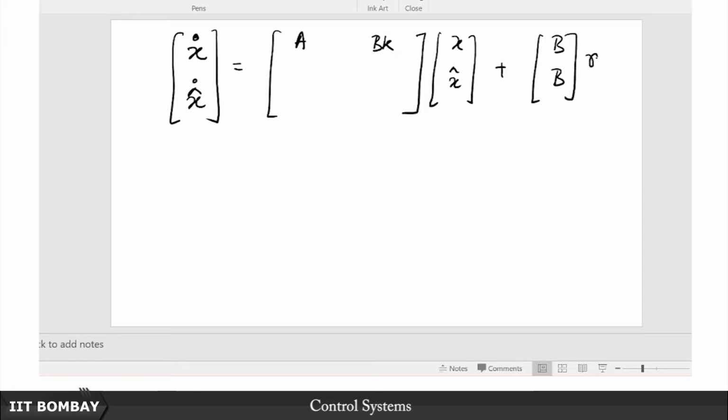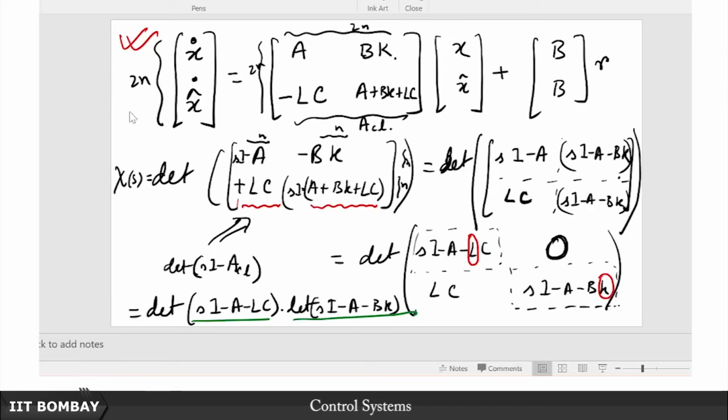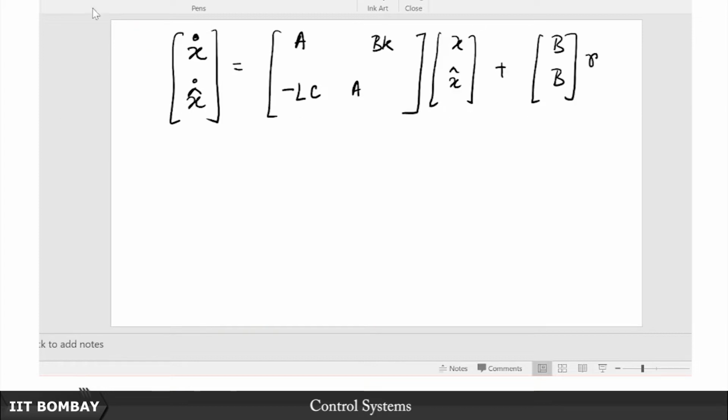And then we had, I believe, a minus LC here. If you do not recall this, please revisit the previous lecture, and you would see that this is indeed what the state space expression was. So A plus BK plus LC, you see A plus BK plus LC.